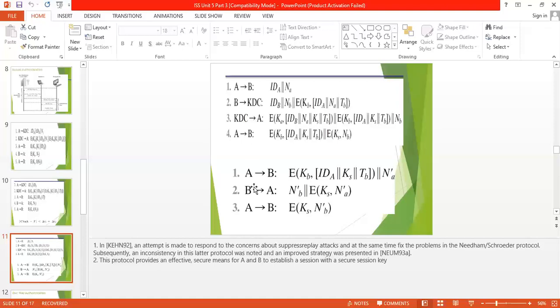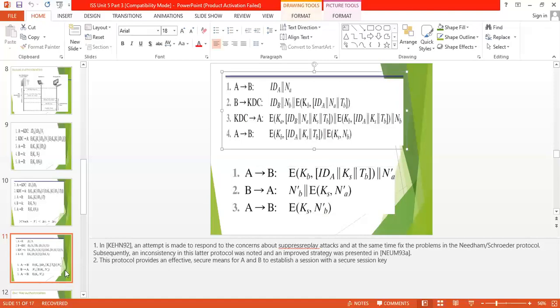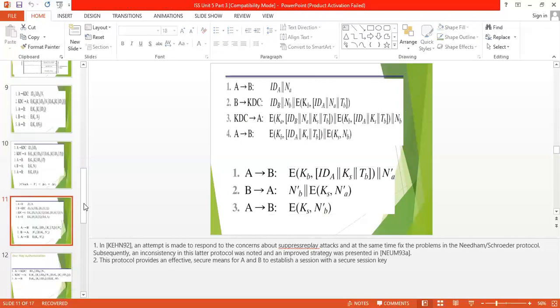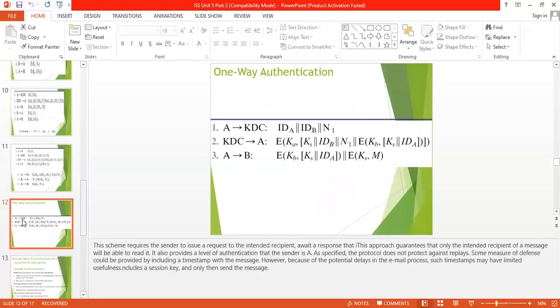In the second image, the protocol provides an effective secure means for A and B to establish a session with a secure session key. NA is the Needham key. So this is the simple mutual authentication process, and the other is one-way authentication.